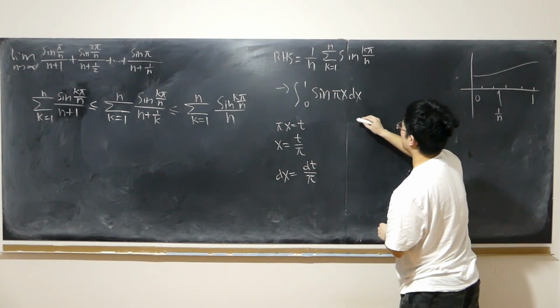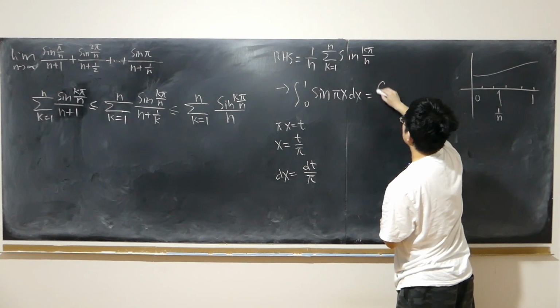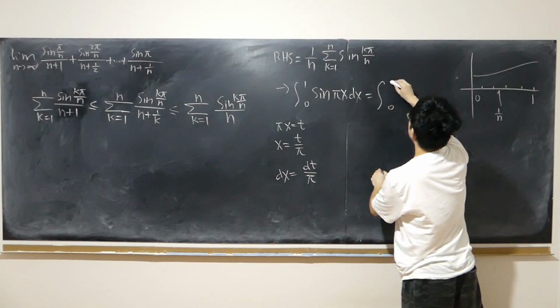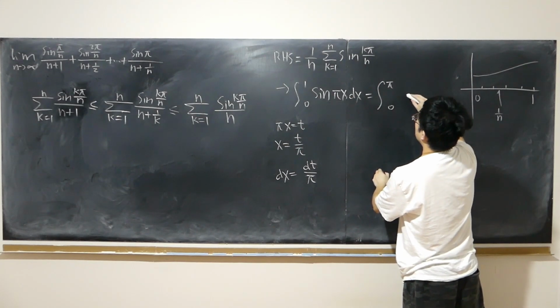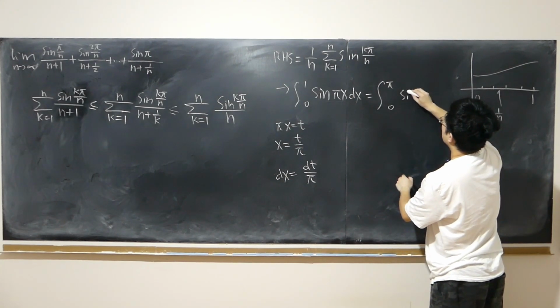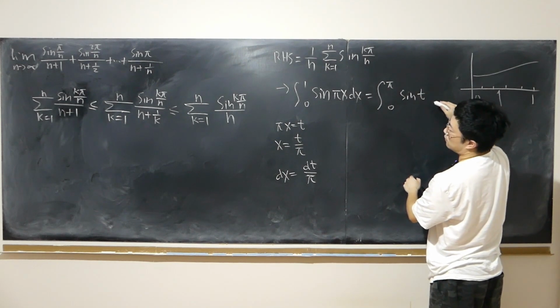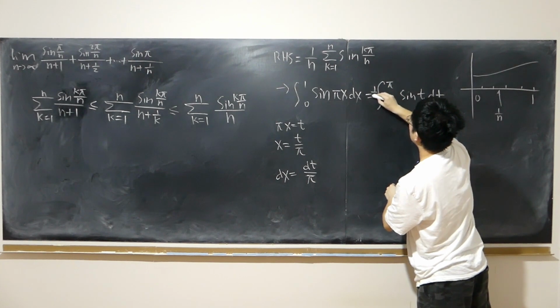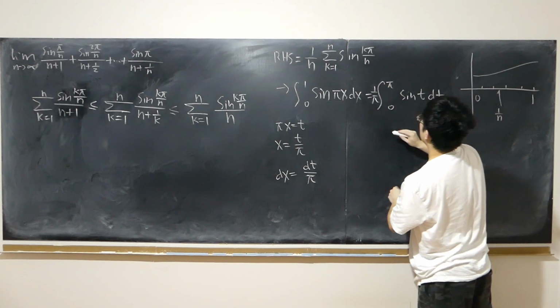I also change the boundaries to 0 to pi. And also sine t dt, times 1 over pi.